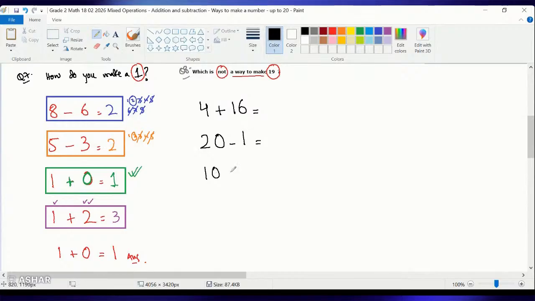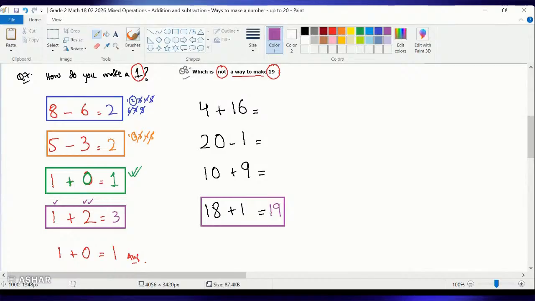10 plus 9, and the last option is 18 plus 1. So which option does not give us an answer that is equal to 19? Let's start from the bottom. Whenever 1 is added to any number, we get the next number, right? 18 plus 1 would be the next number, that is 19.